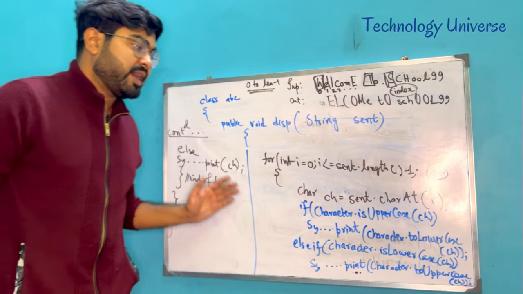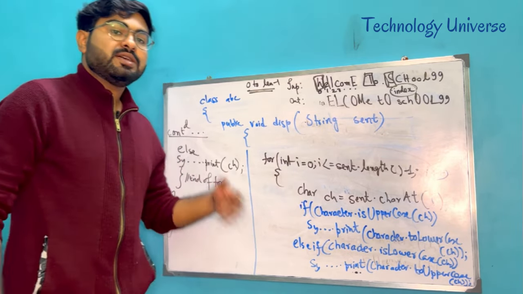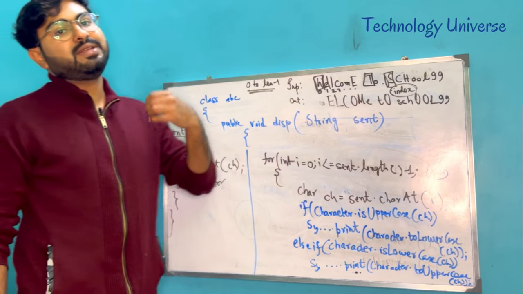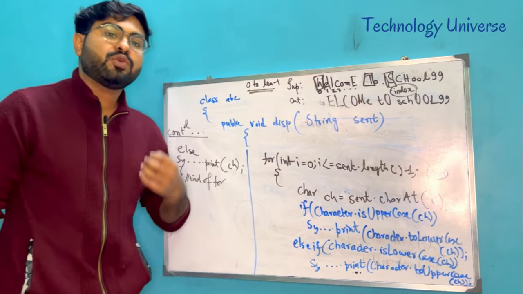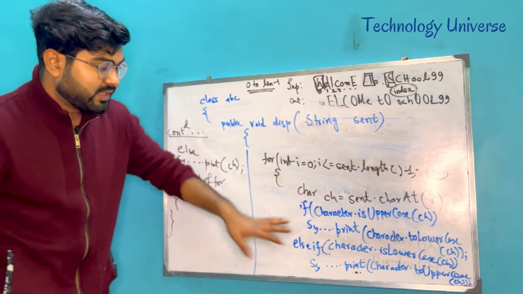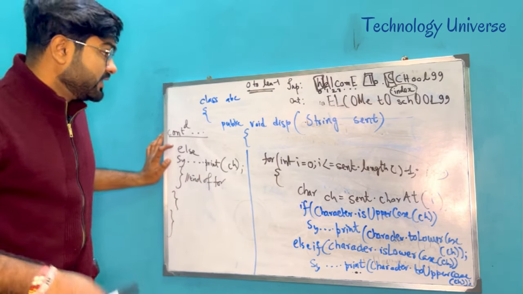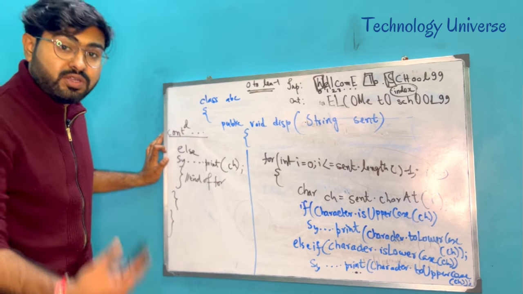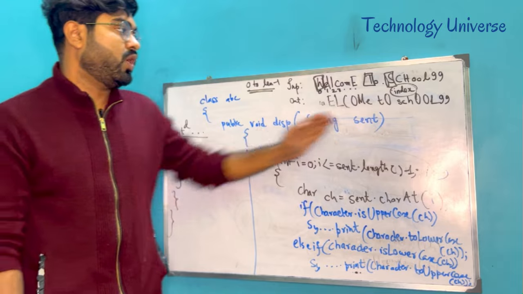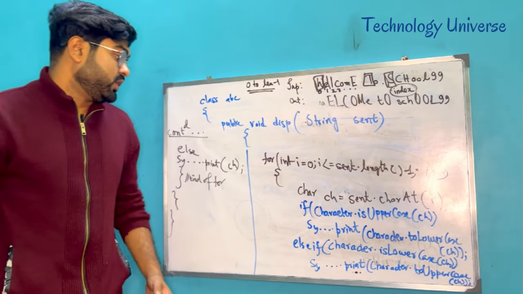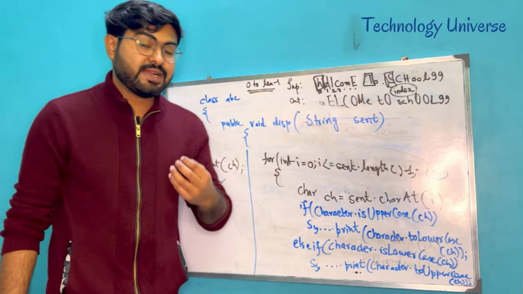Else means it is neither uppercase nor lowercase, then what can it be? It can be some character that is not a letter, because letters can only be uppercase or lowercase. So if it's other than letters, means special symbols or space characters, for that we would print whatever we have. So it would not interfere with the characters that are not letters.